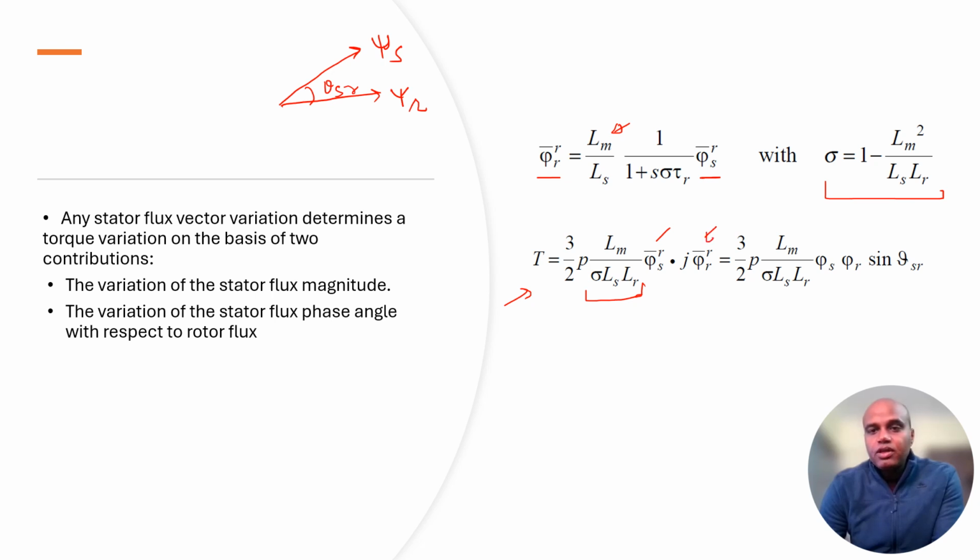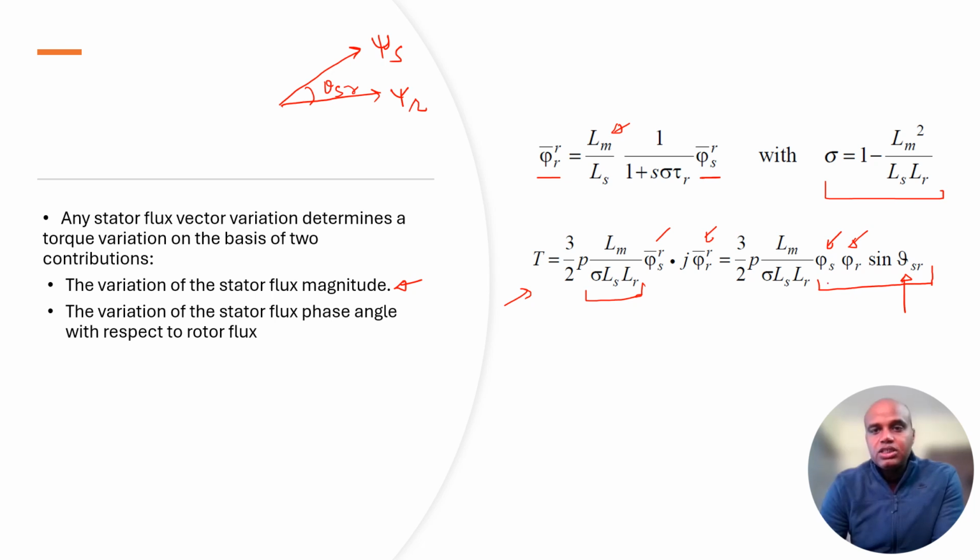So elaborating this expression, we get that the torque depends on the magnitude of my stator and rotor flux, and it also depends on the angle between the stator flux and rotor flux. So these two variations can happen, one directly depending on the stator flux magnitude.